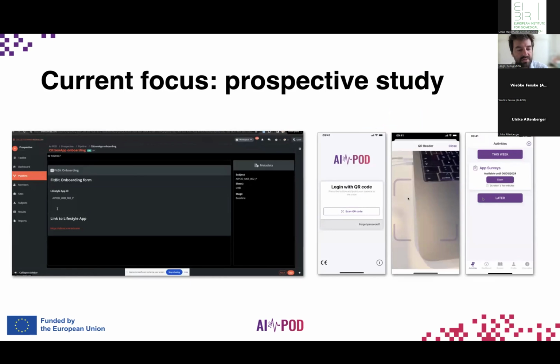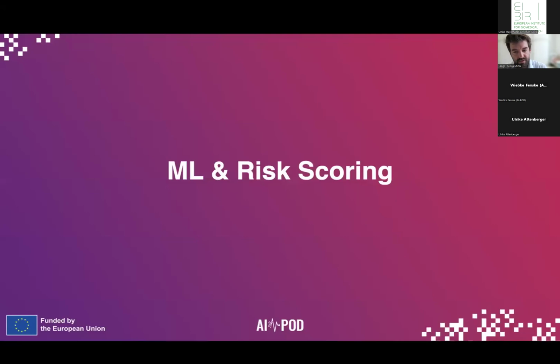We have a QR-based system in order to link the ID in the database with the ID in the app, and that ensures that everything that happens within the app, and everything that is communicated between the app and the central platform, is coded, so no clear names are being transmitted. That was also important in order to get the ethical approval for performing that quite extensive data collection on the individual study participants.